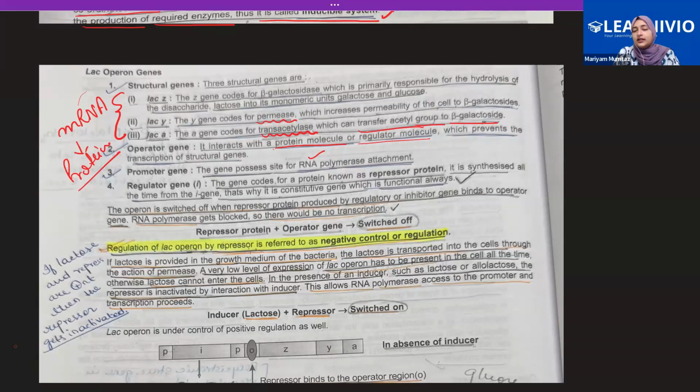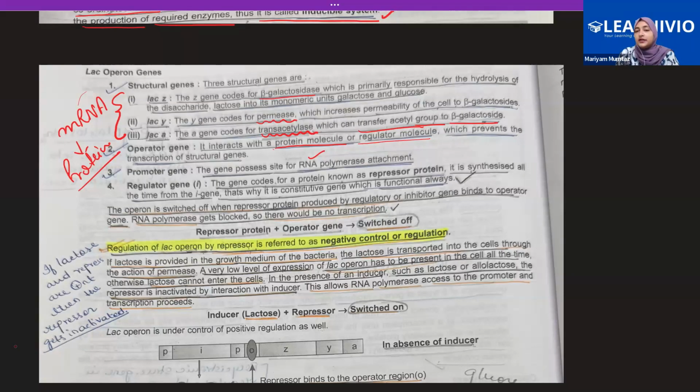So the Z gene codes for the enzyme beta galactosidase, and this enzyme is responsible for breaking down lactose into its components, that is galactose and glucose. The LAC-Y codes for the permease enzyme, and this increases the permeability, like it's there in the name, permease, permeability.